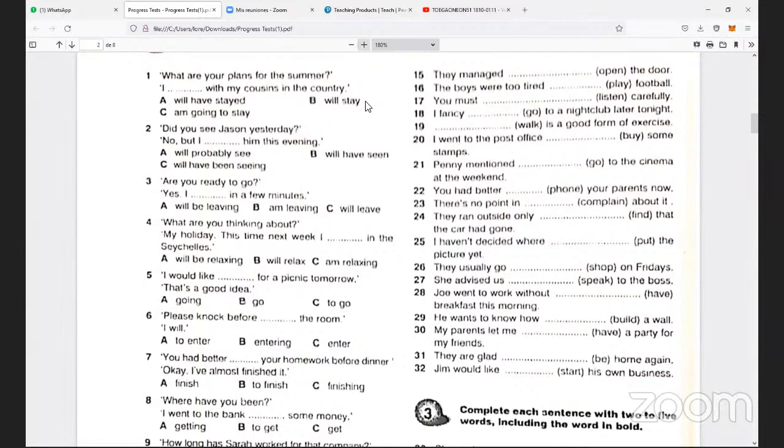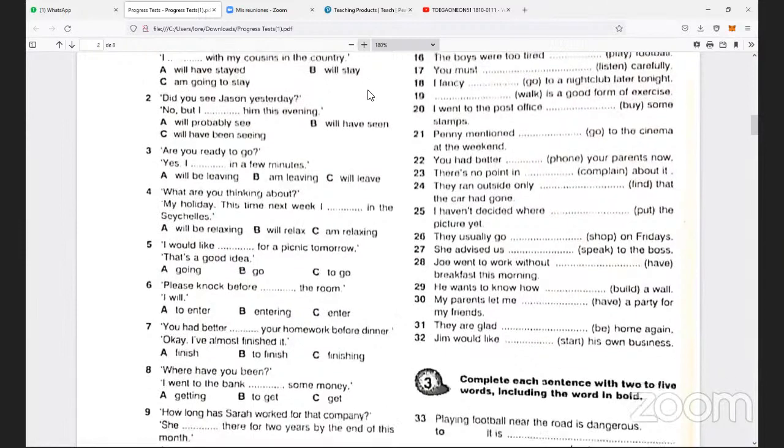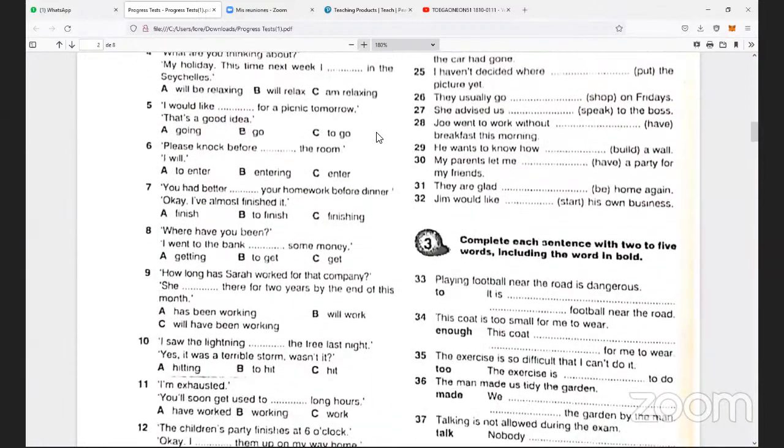Please knock before entering the room. Yeah, okay. 7. You had better finish your homework before dinner. I went to the bank to get some money.